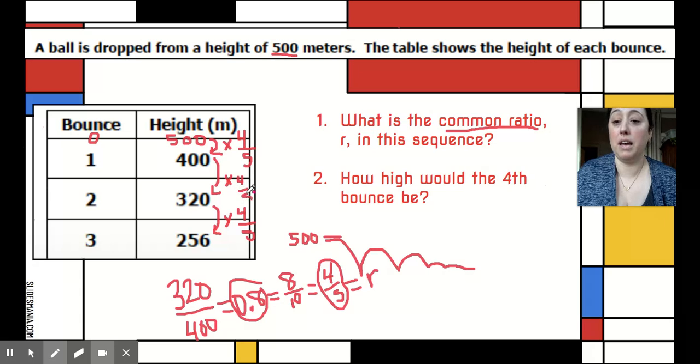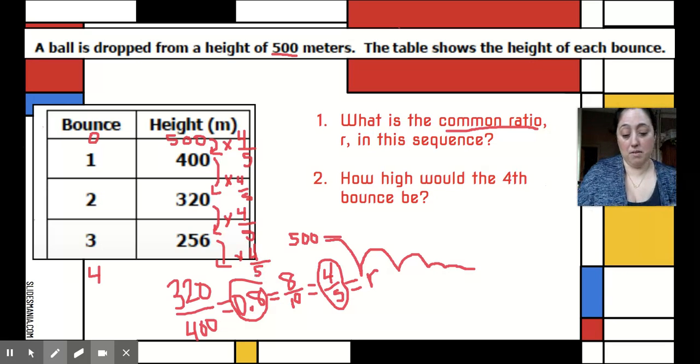All right, so we have the fourth bounce, and 256 times 4/5 or 0.8. Okay, and I have, all right. So in my calculator on my phone, I am doing 256 times, and I get 204.8.